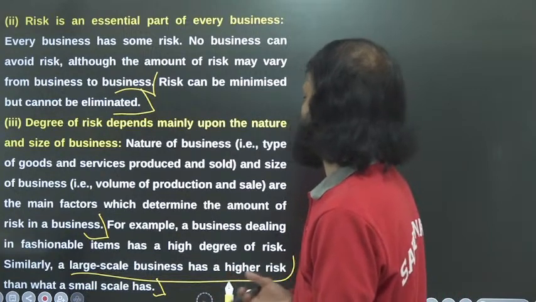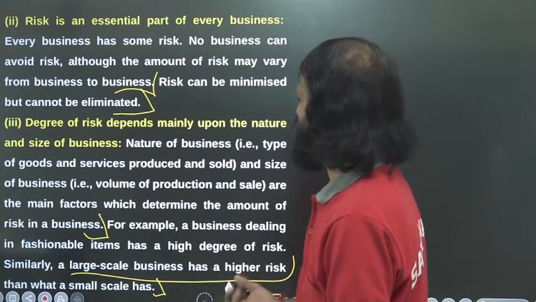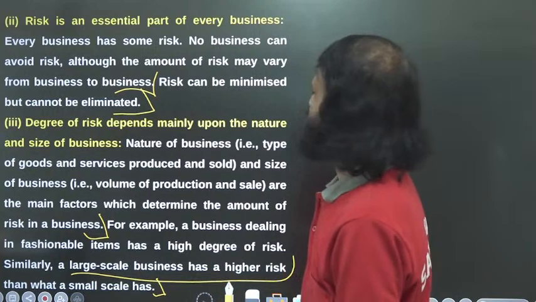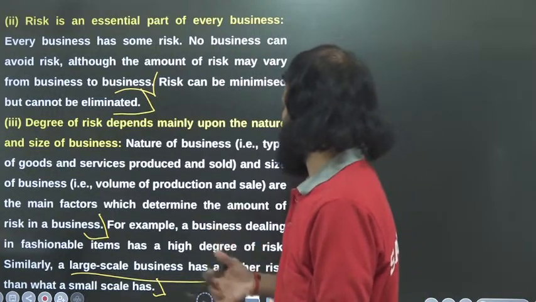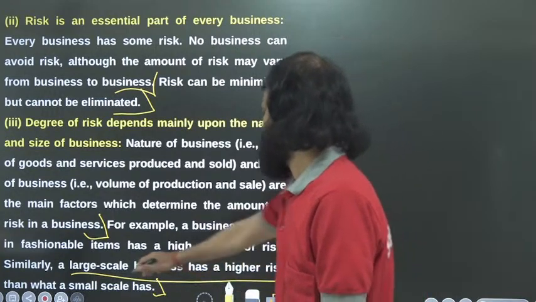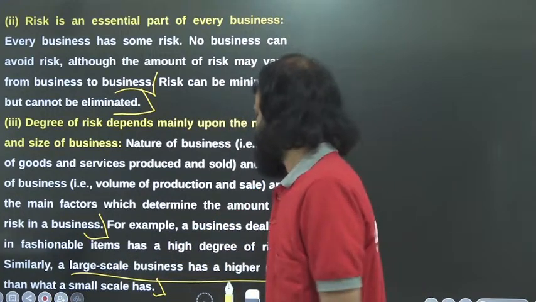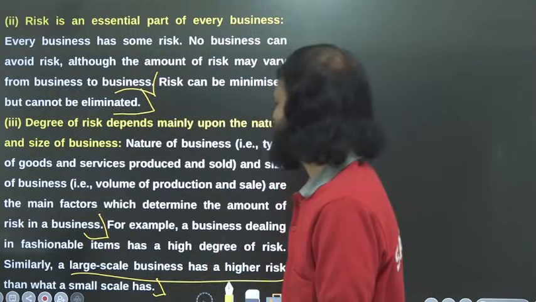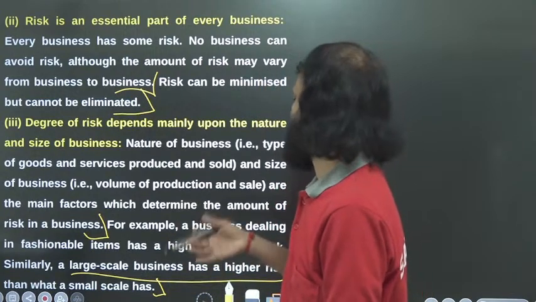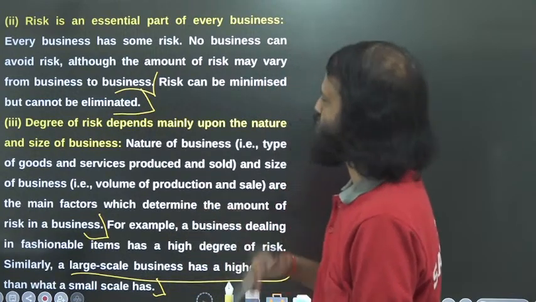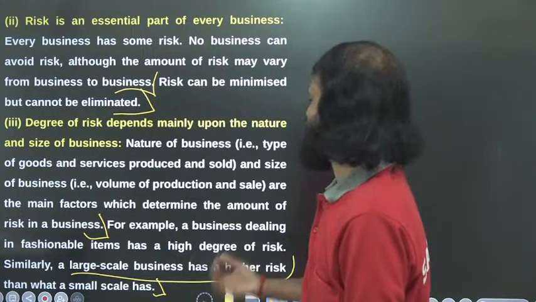There are a lot of risks. Natural calamities can occur anytime. If the business is a large scale business, then more risk is there. In a small scale business, of course, the risk is very little. In the fashion business, every day the fashion is changing. Of course, there is risk. The nature and the size.